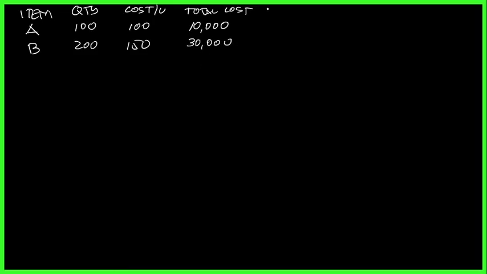Okay, so what's the net realizable value per unit? Let's say that the net realizable value per unit here is 100 and this one is 120. So therefore, what will be the basis?